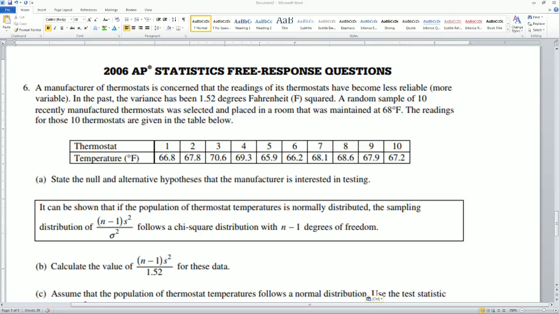All right. So what do you think? What sort of null hypothesis do they state here? Can you state that for me?